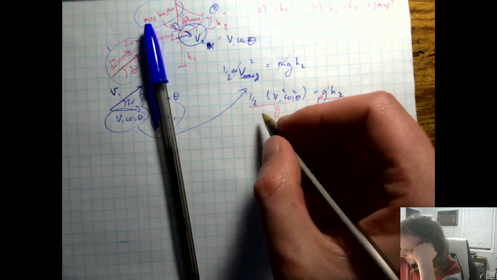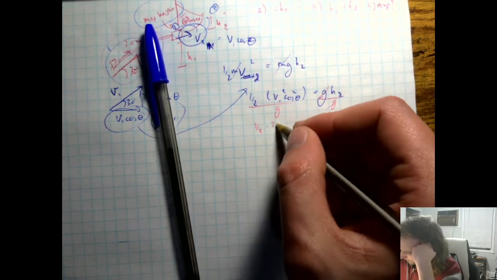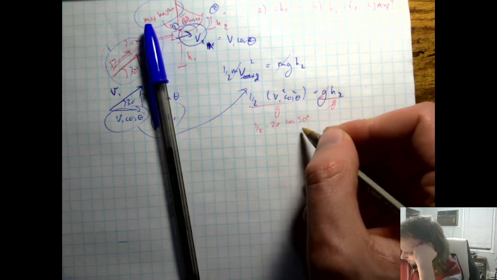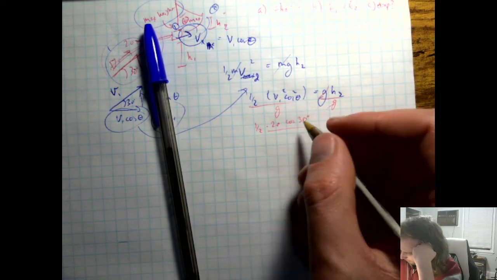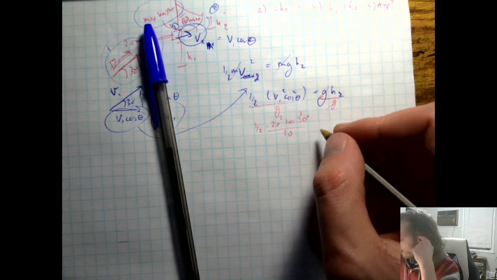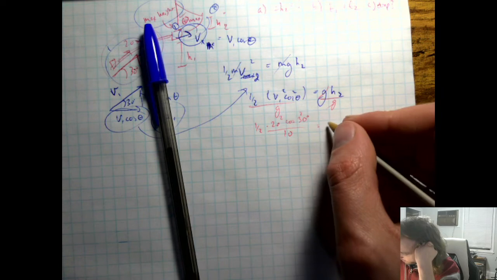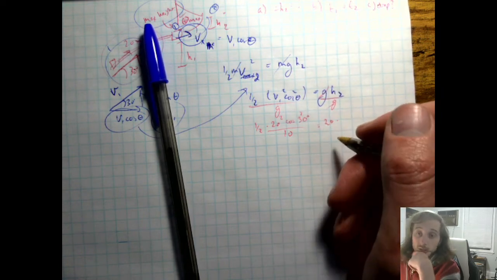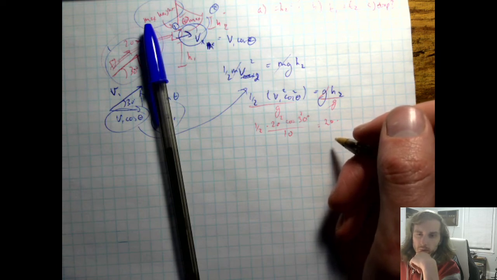Neat. Well, we've got 1/2 times 20 times the cosine of 30, oh, I got so close to making this problem useful, squared, divided by 10. Well, that'll be 20 times the cosine of 30 squared. The cosine of 30 is going to be root 3 over 2.